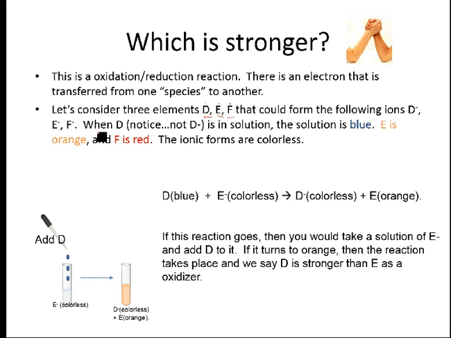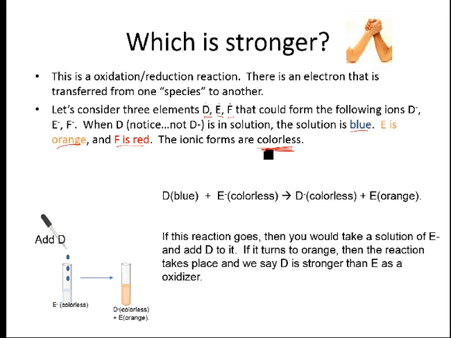So when there is just D in the solution, in my particular example, the solution would be blue. If there was E in the solution, it would be orange, or this peachy color, calling it orange. And if there was just F, it would be red. If there was D minus, E minus, or F minus in the solution, they are colorless.